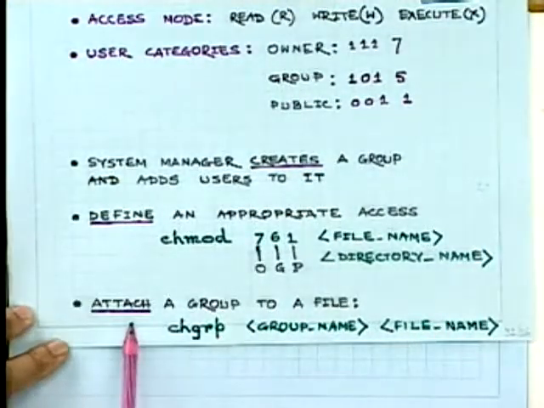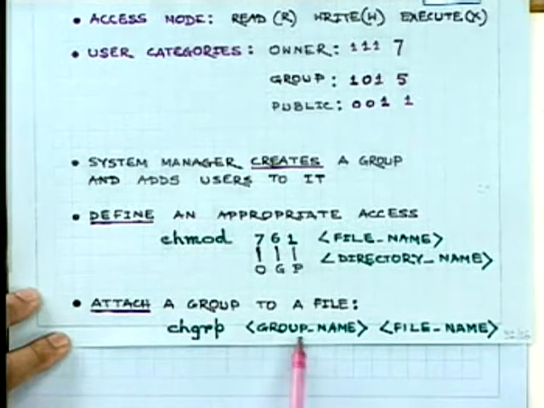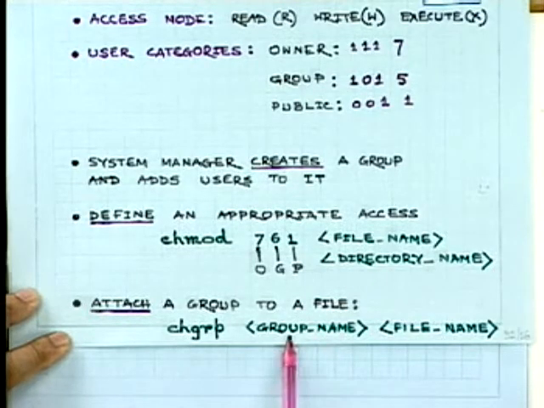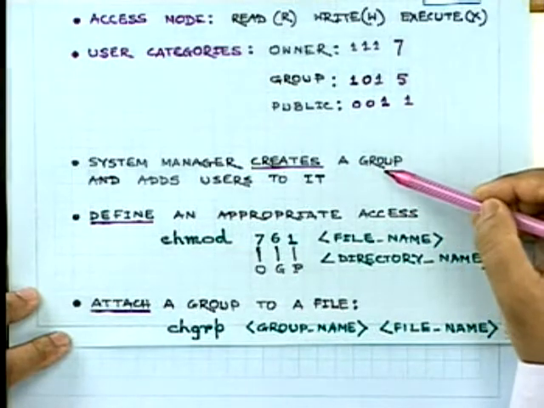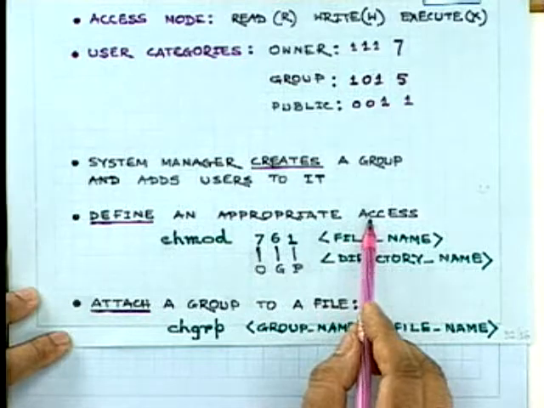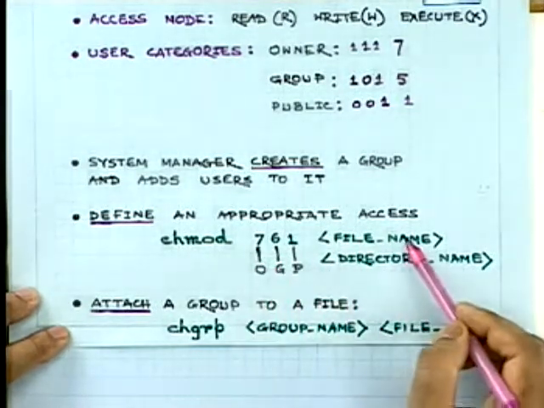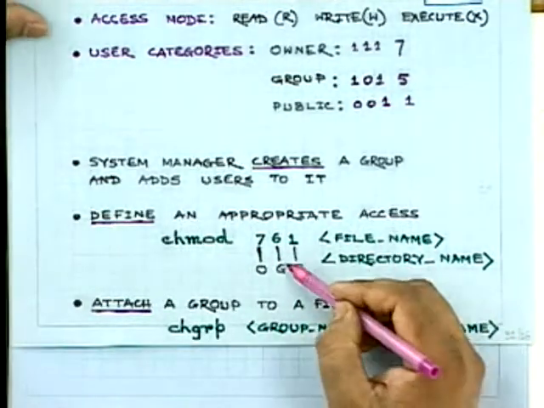And after that, you attach a group to a file. For example, you can attach a group to a particular file name by chgrp, group name, file name. Therefore, what you should do is create a group, attach the group to a file name, and for a particular file, declare what kind of access you want to permit to yourself, that means the owner, to the group, or to the general public.